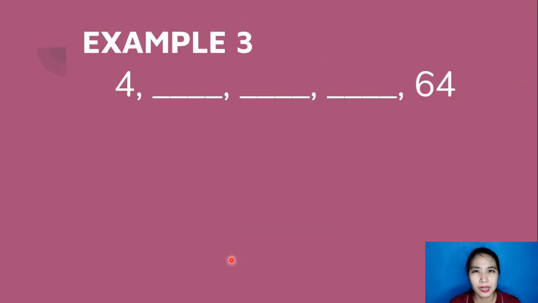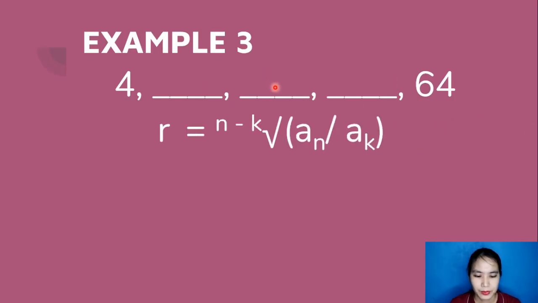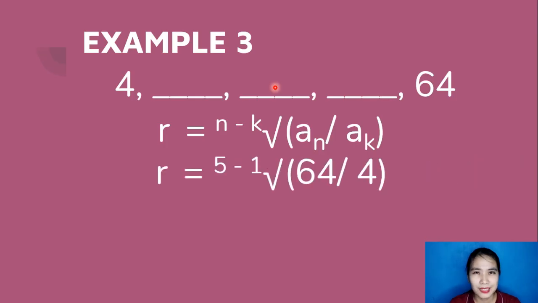If we're going to illustrate that, we have 4 as the first term, our 64 as the last term, and the 3 terms to be inserted between these two numbers. Using again the formula, let us now substitute. Our n is 5. We have 4 as number 1. We have the 3 terms to be inserted. And then the last term, or the 5th term, which is 64.